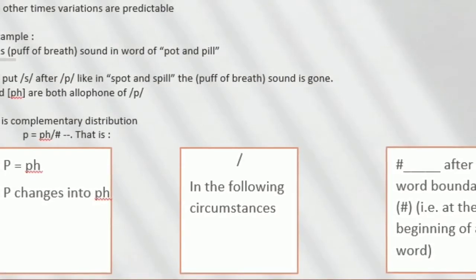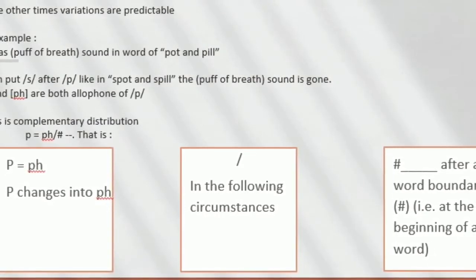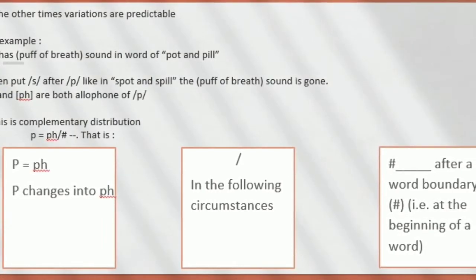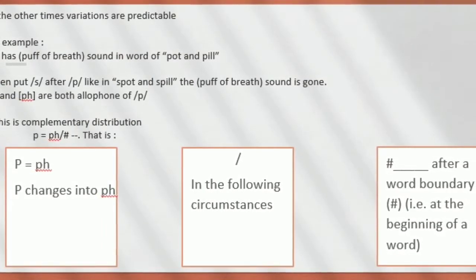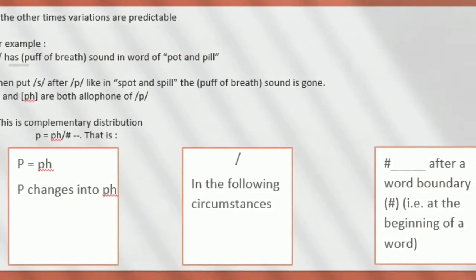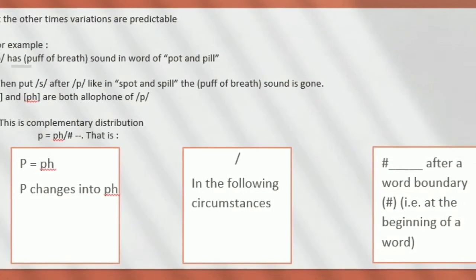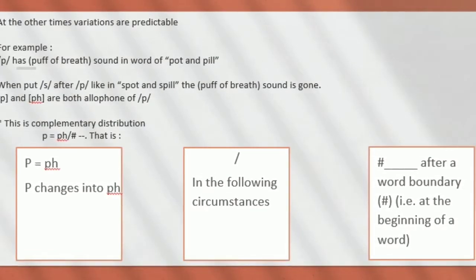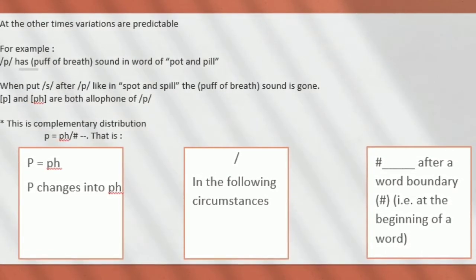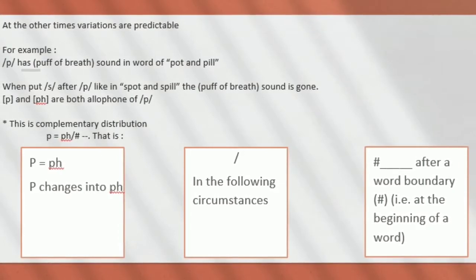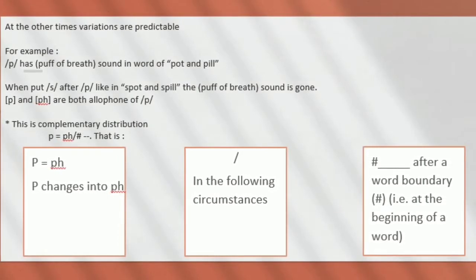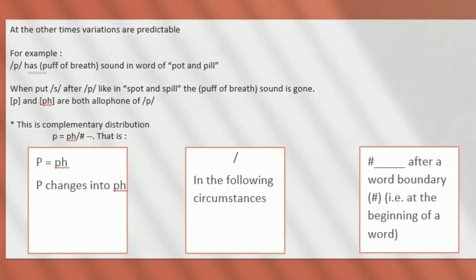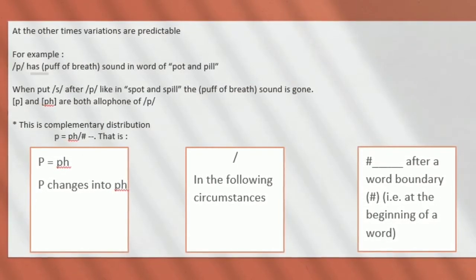For example, take the English phoneme P. When it occurs at the beginning of a word, it is pronounced with aspiration, a puff of breath, as in the words pot and peel. This puff of breath disappears when the words spot and spill are pronounced, after putting S on the front.